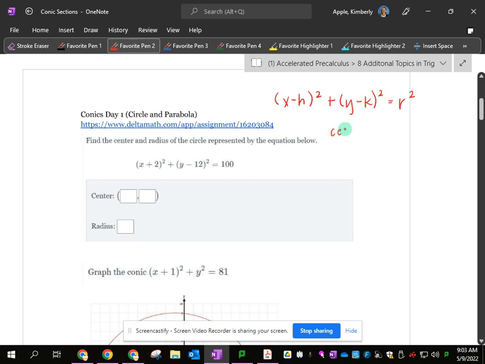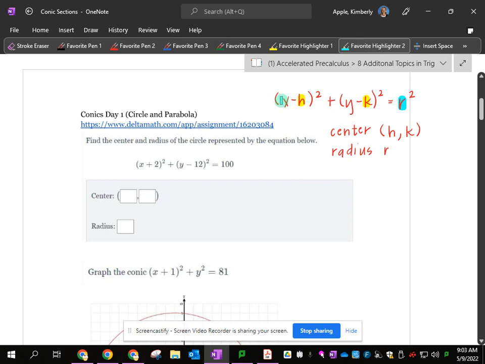And remember, the center of the circle is h comma k. We can pull that directly out of this general formula, h and k. And the radius is, of course, r.